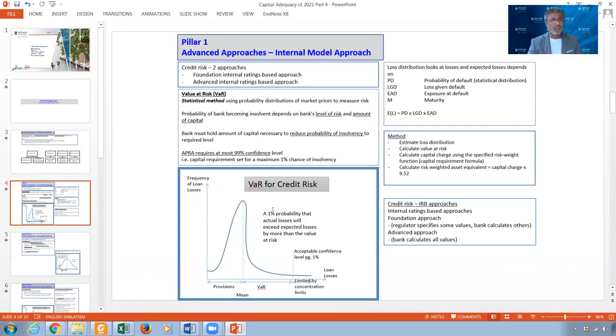So this model will allow you to calculate the VaR. The VaR is the capital required, or the capital charge, that you have to transfer to risk-weighted assets by multiplying by 9.52.